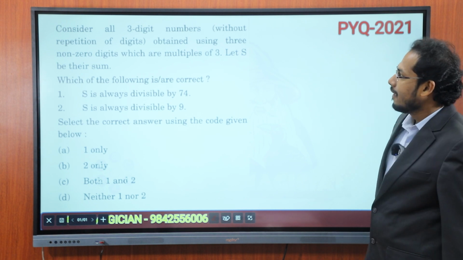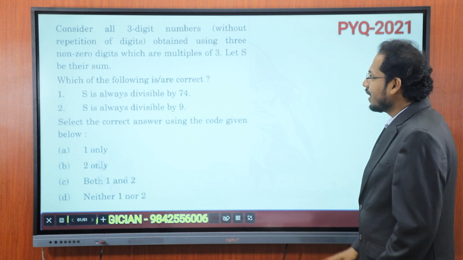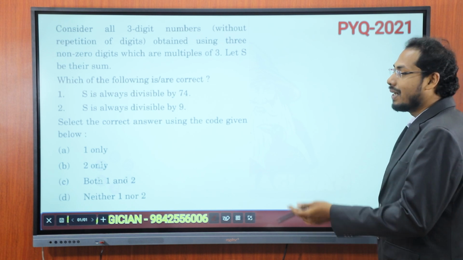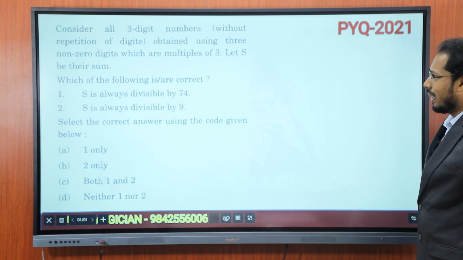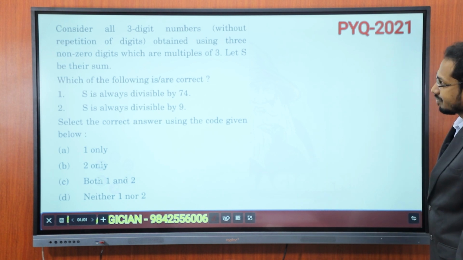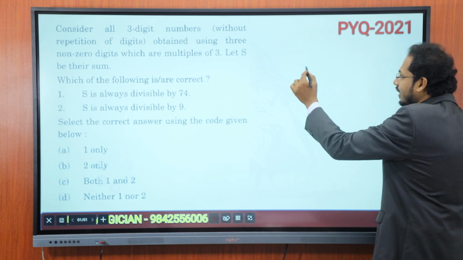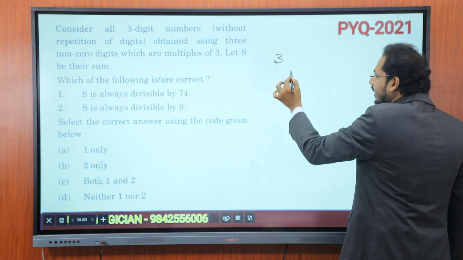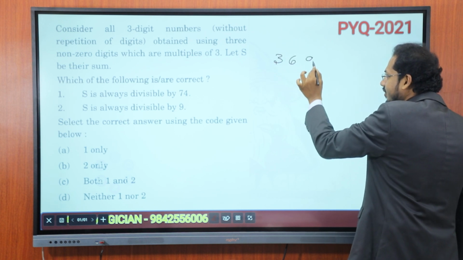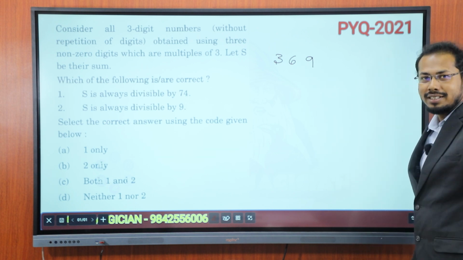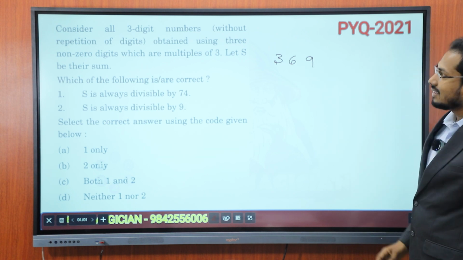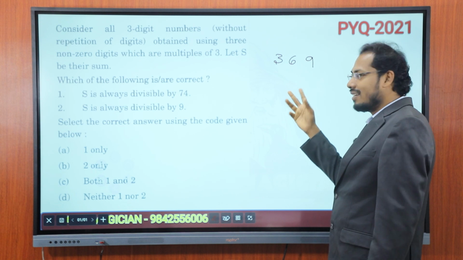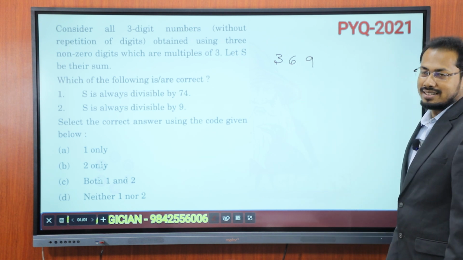Multiple of 3 means, look at this, I can take 3, 6, 9. These are the only numbers which are multiples of 3. But that 3-digit number should be a mix of these numbers, right?